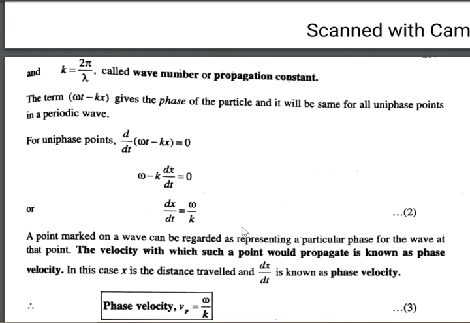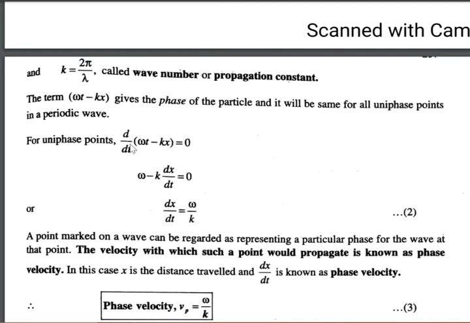The term omega t minus kx gives the phase of the particle, and it will be the same for all points in the same phase in a periodic wave. That means for all the points vibrating in the same phase, this term is constant.